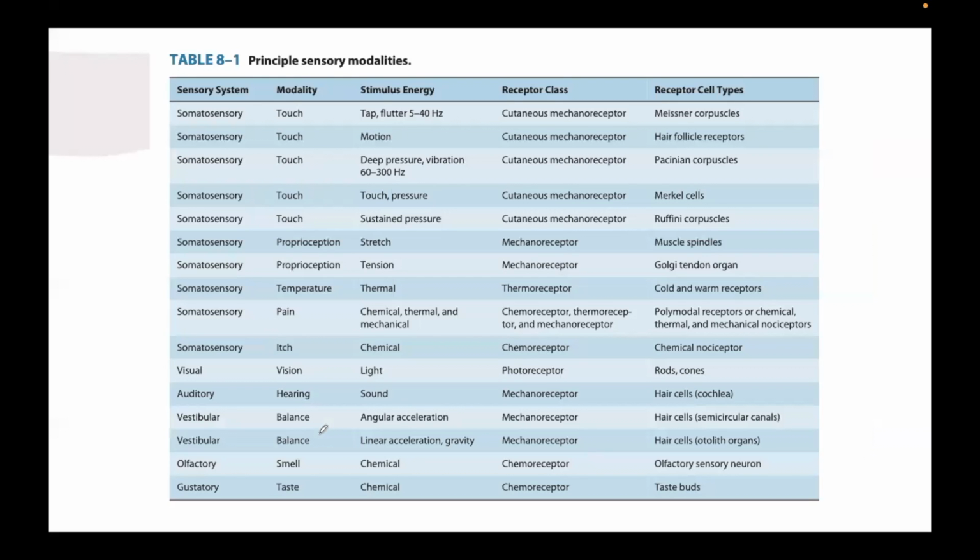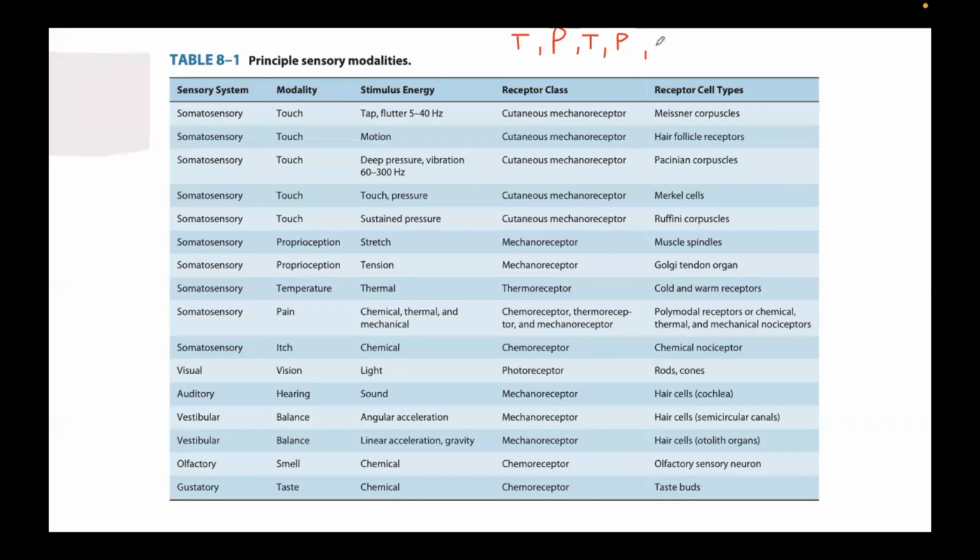So we're going to end this module with this table from Ganong. It's a very busy table, but I want you to go over this table, which is found in your study guide. I just want to highlight the following. The principal sensory modalities are touch, proprioception, temperature, and pain.